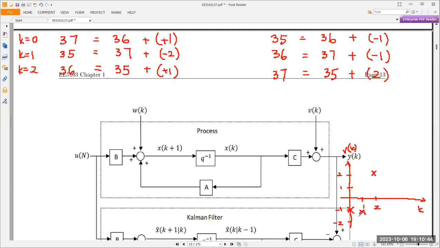So standard deviation gives you an idea of the amplitude. If I tell you the standard deviation is 1.4, you don't expect your noise to be 20 or 30.